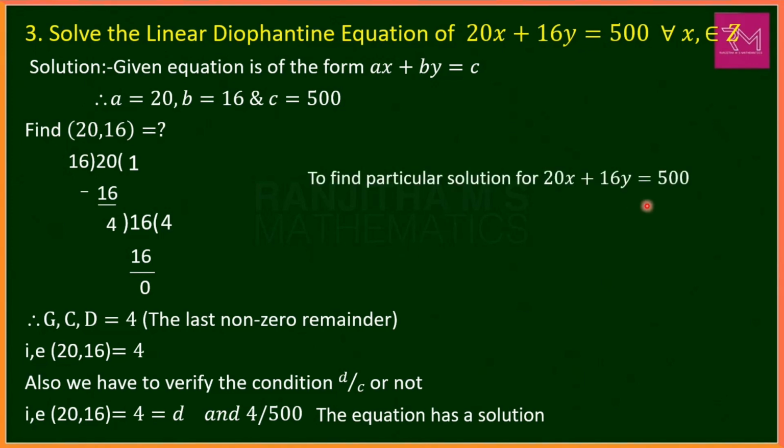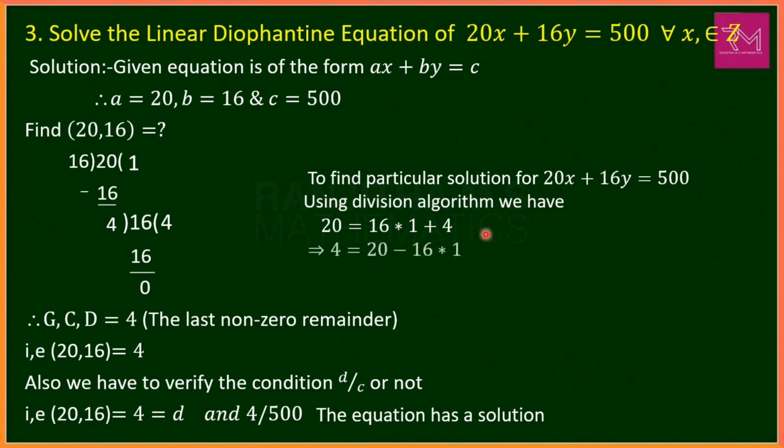Next step, to find the particular solution for 20x plus 16y equal to 500, we have to use the division algorithm method. For this we get dividend is equal to divisor into quotient plus remainder. Here dividend is 20, which is equal to divisor 16 into quotient 1 plus remainder 4.